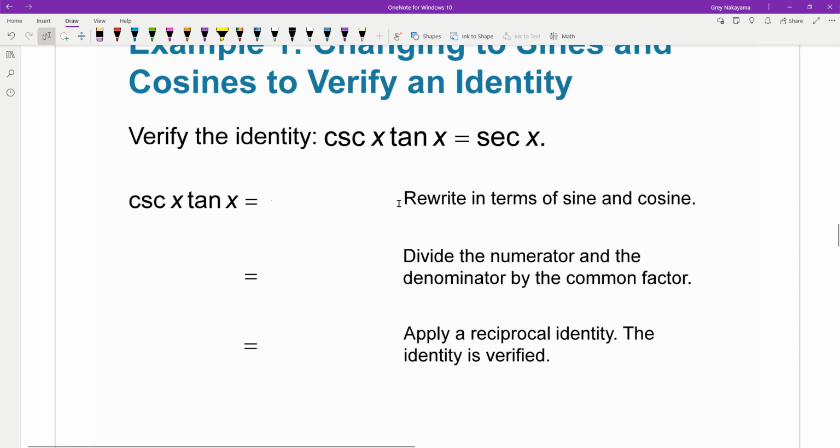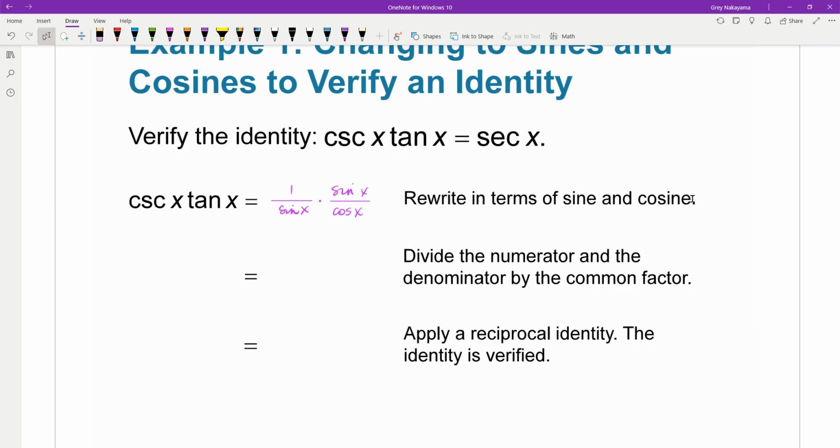In this case, it's to rewrite this in terms of sine and cosine. So cosecant is, of course, 1 over the sine, and tangent is sine over cosine. Notice it says rewrite it in terms of sine and cosine, not the reciprocals.